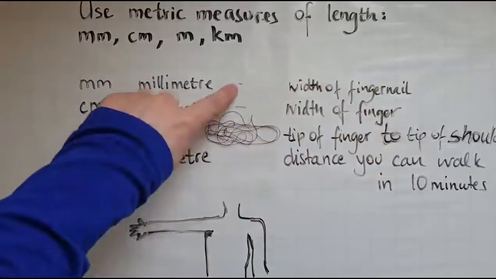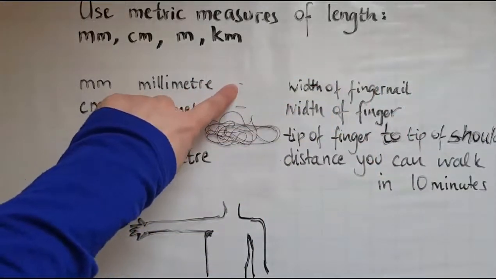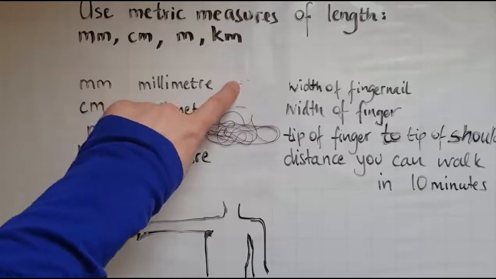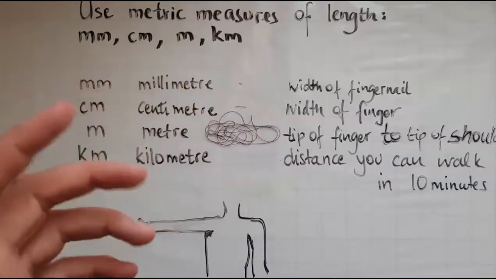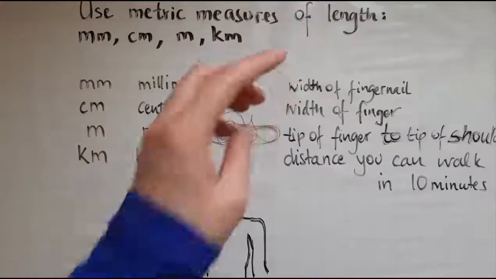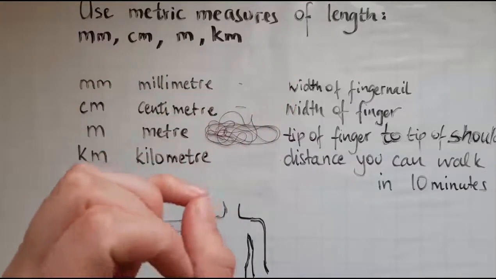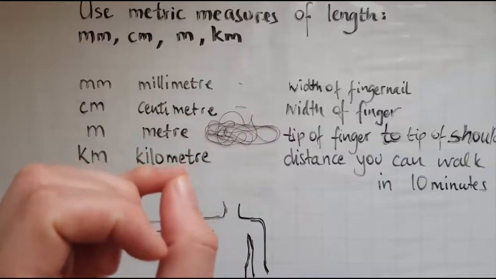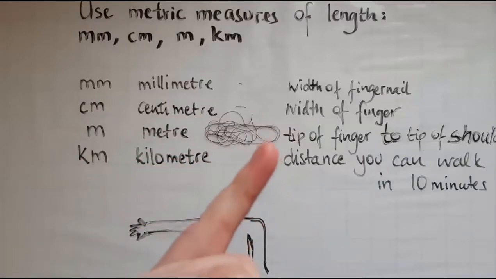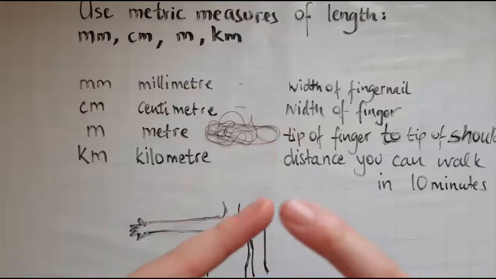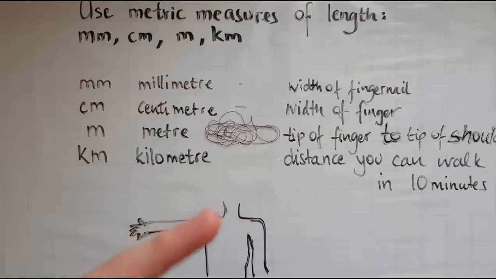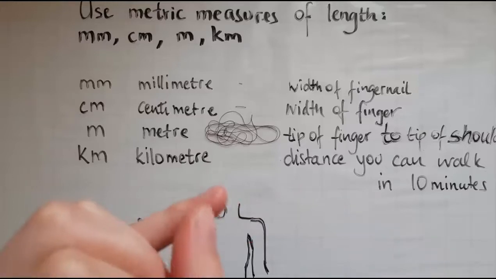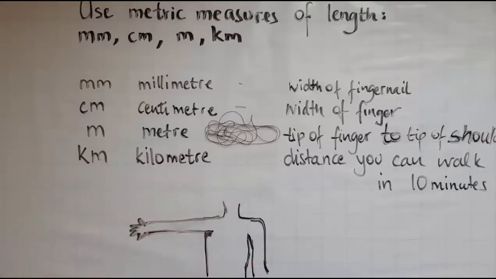I've tried to cut a piece of string that is about 1 millimeter. It's not absolutely accurate, but it gives you an idea. Something to help you remember is that a millimeter is about the width of a fingernail. If you turn your finger this way, you can see the nail, and the width of it is about a millimeter. So very, very small.